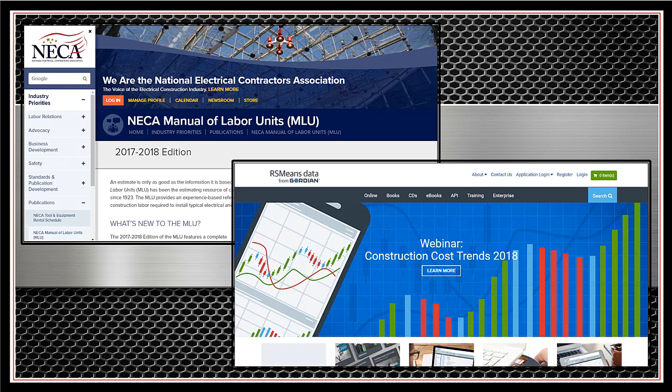These lists can be rented or purchased in written or database format and are often used as the foundation for other estimating systems. Labor units in these databases are broken into multiple levels based on the difficulty of the installation. The NECA Manual of Labor Units provides 3 levels of difficulty, including normal, difficult, and very difficult. Each level graduating from normal to very difficult adds more installation time for each type of material.